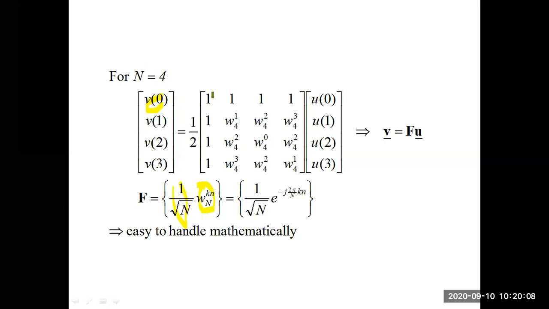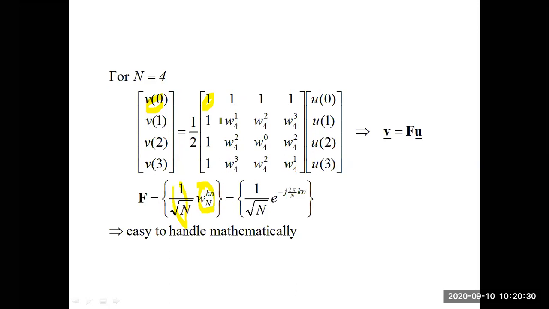What is the first component? Horizontally is n, vertically is k. Horizontally n is 0 and vertically k is also 0, so W to the power 0 gives 1 in the first row and first column; the first row is 1 1 1 1.